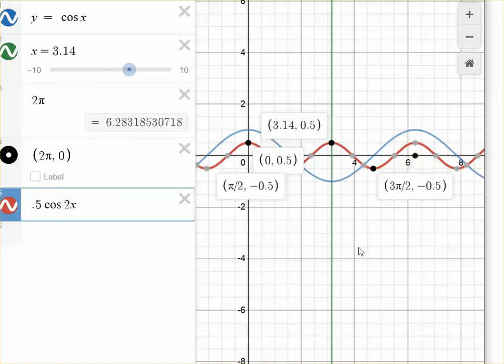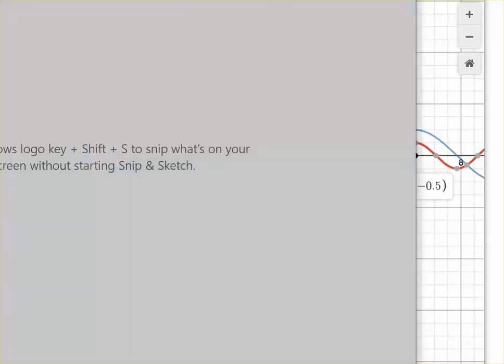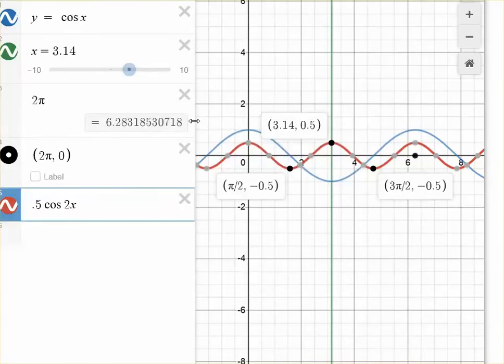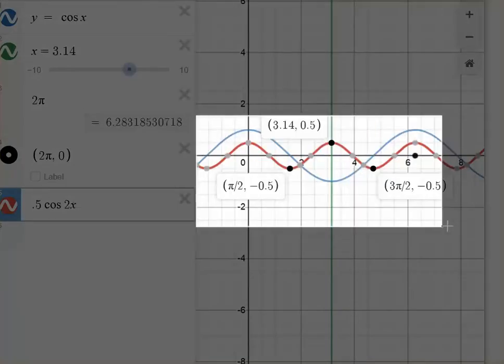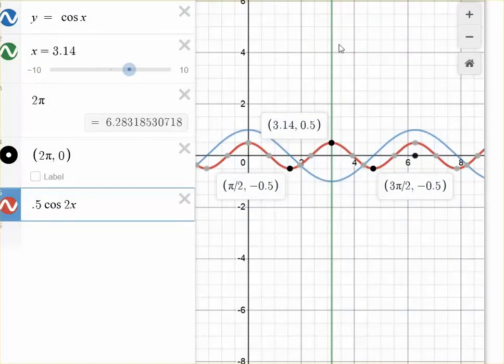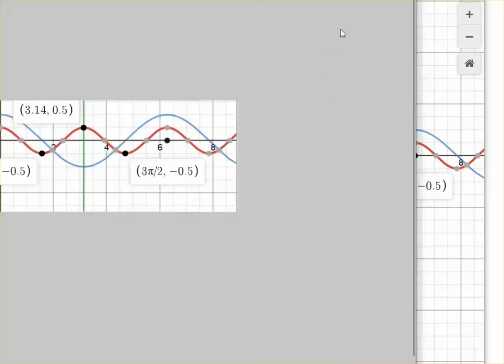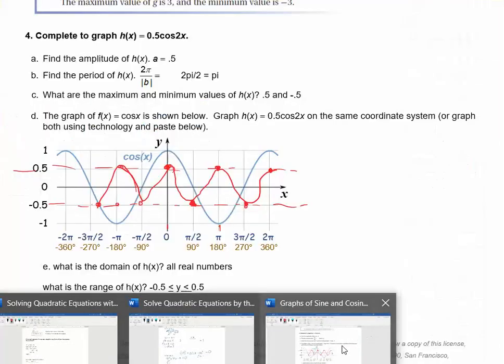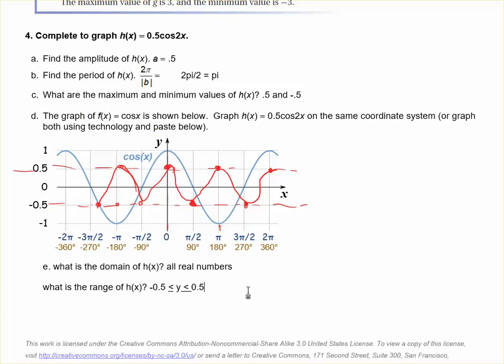And then I am going to take a screenshot of this, and I can paste it into the graph. So I'm using a tool in Windows called Snip and Sketch to get a screenshot. And now I'm going to go back to the worksheet. And remember, you can also use a link if you prefer.